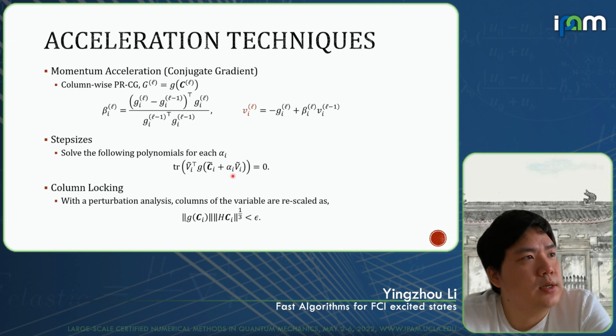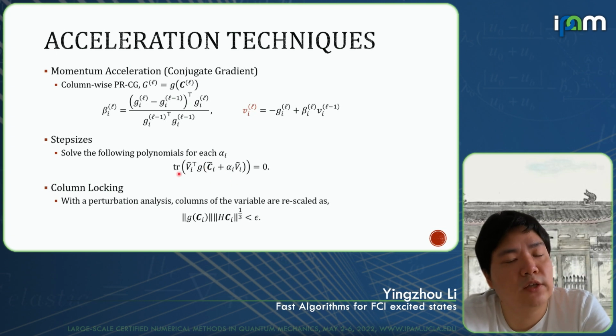And for the step size, we're not actually doing it column-wise, we're doing a more tricky thing. This tilde means from the first column to the ith column. So this is still a block column, as are C and V. This alpha I is calculated by minimizing such a thing.